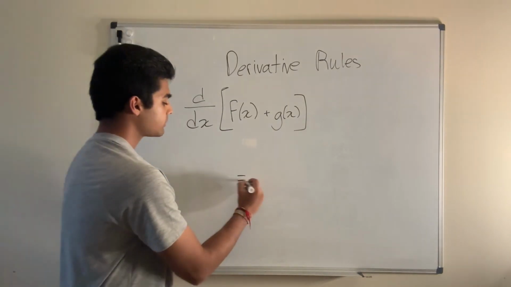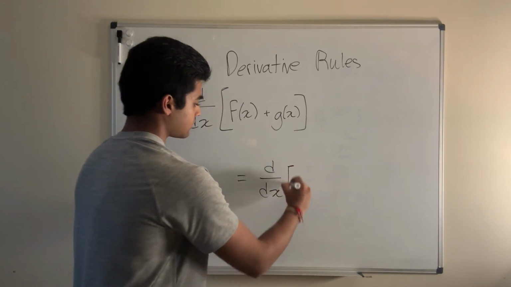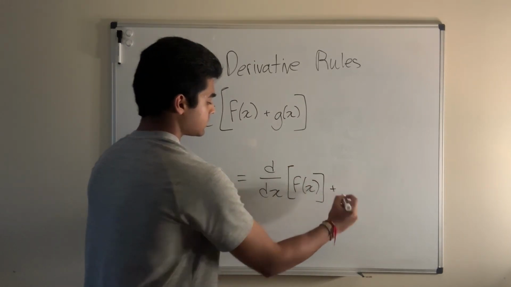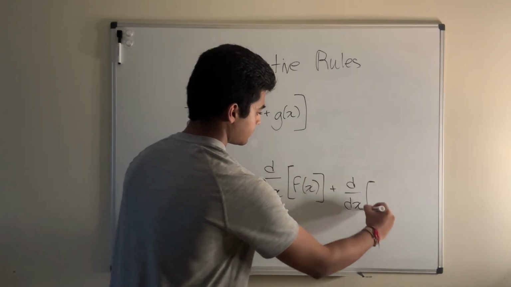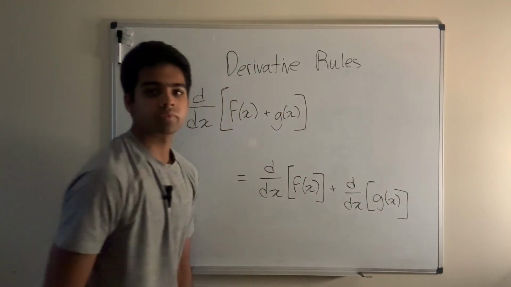So this is just the derivative of f of x plus the derivative of g of x.